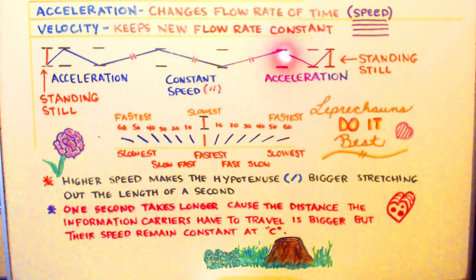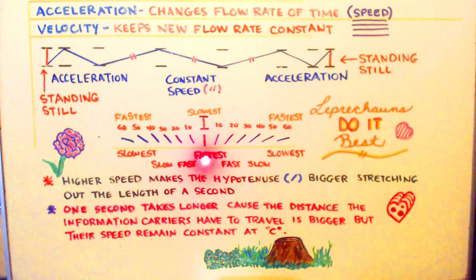You're going to move faster and faster, but look at your time. Your time is the fastest here because your time is based on this distance. And when you're standing still, this distance is the smallest it can be. It can't be any smaller. But when you start moving, accelerating, having more velocity, this line grows and grows. That means it slows down time.